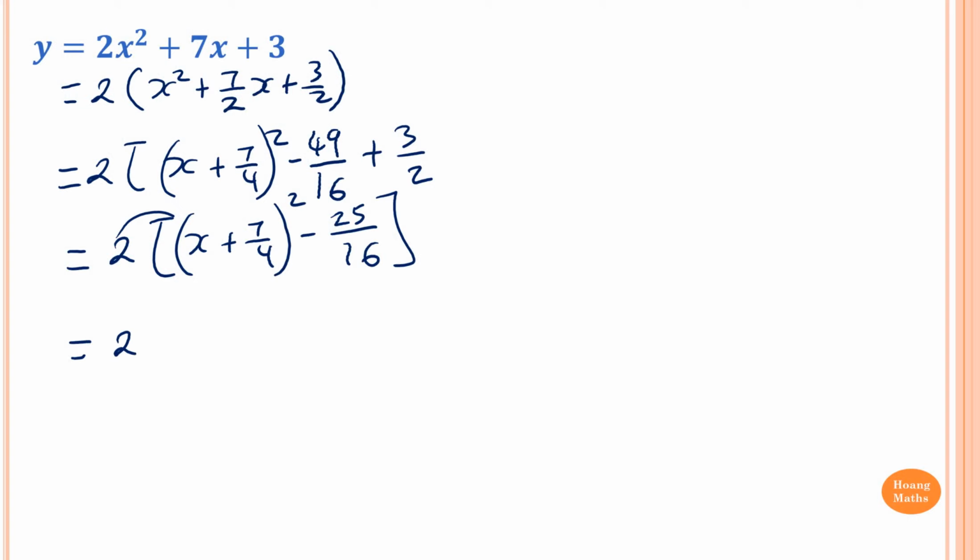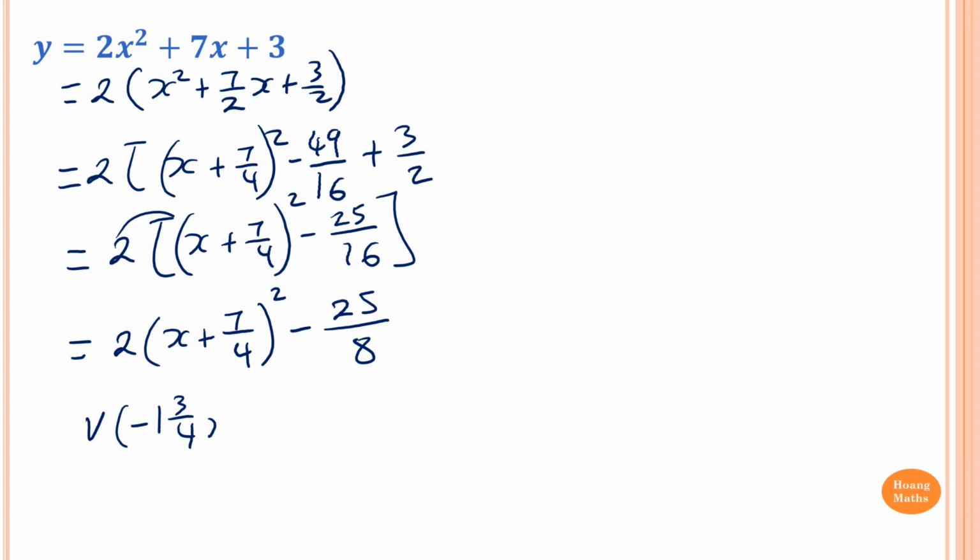So which is 2 bracket (x + 7/4) all squared minus, so 2 times that gives you minus 25/8. So therefore you can see the turning point or vertex if you like. So -7/4 is -1 3/4 and -25/8, which is 3 times 8 is 24, and -3 and 1/8.